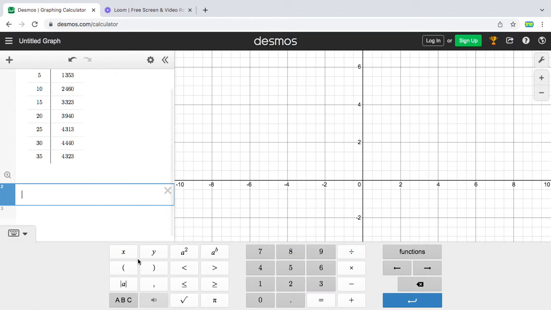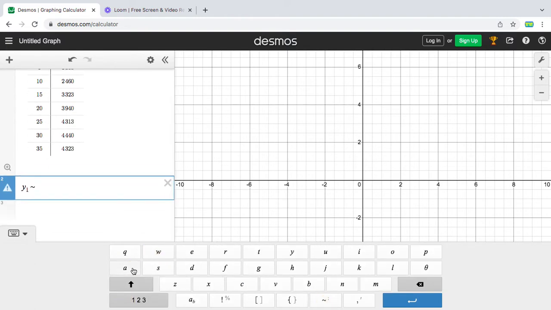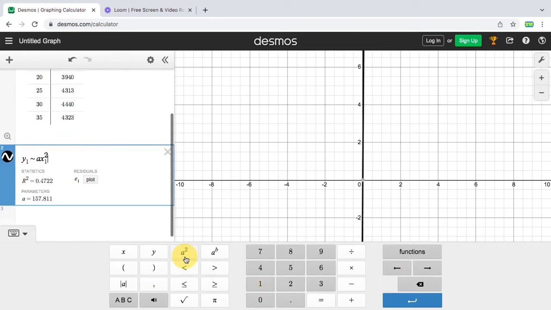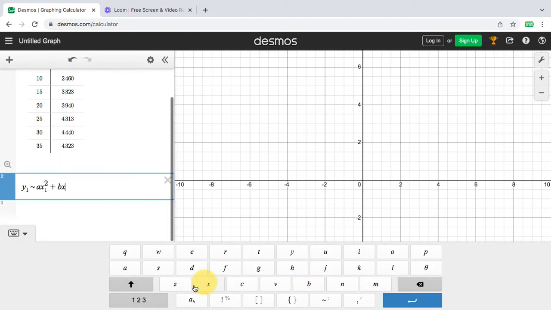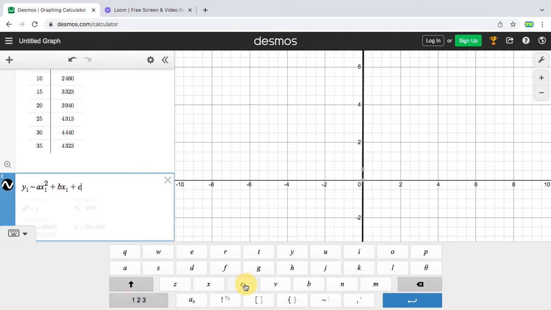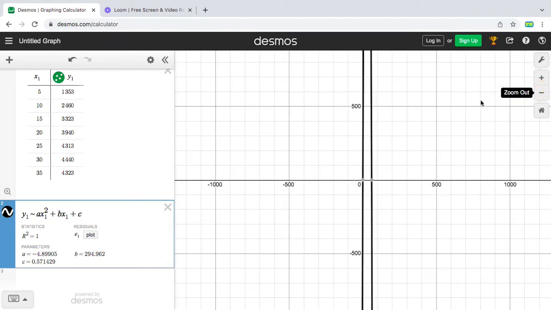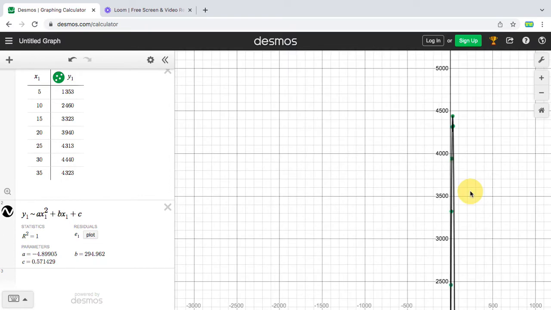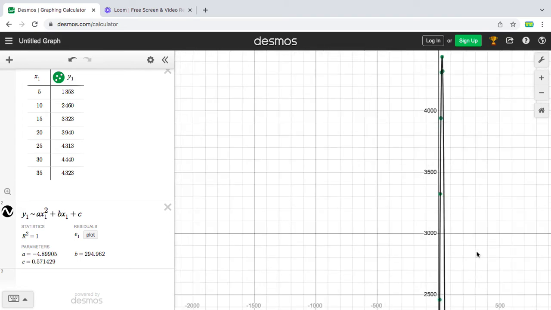So let me show you what I'm doing. y1 squiggle ax1 squared plus bx1 plus c. So when I do this, I wonder if I can zoom out. It's going to be pretty high up there. You'll see the parabola going up and then going back down.